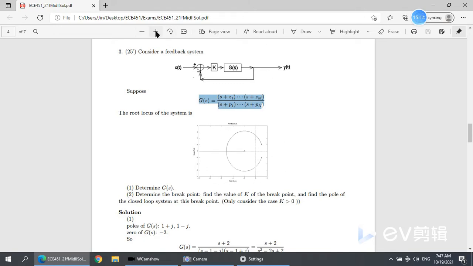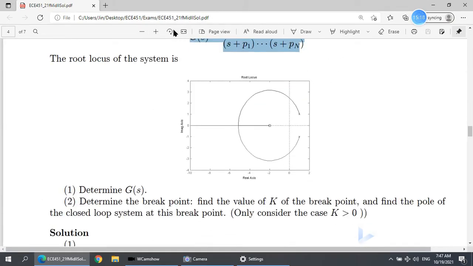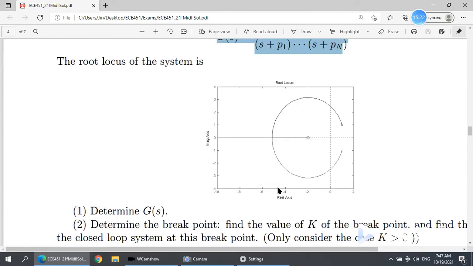Let me make it large. Okay. Right. So you see, in this graph we have how many poles? These 2 poles, right? And 1 zero. So you just find these zeros and the poles, then you can determine g. This pole here, its real part is, you see, this is in the middle here, should be 1, and the imaginary part is also 1, so this is 1 plus j.